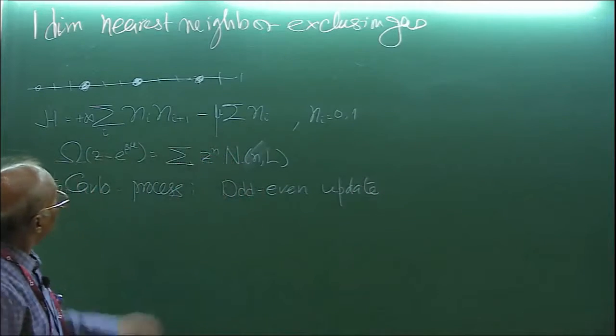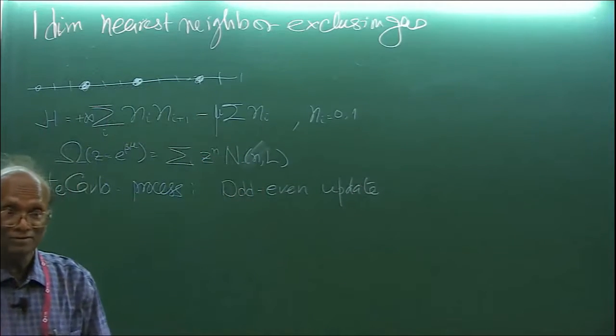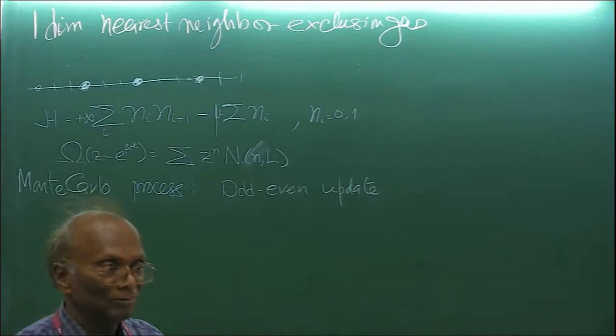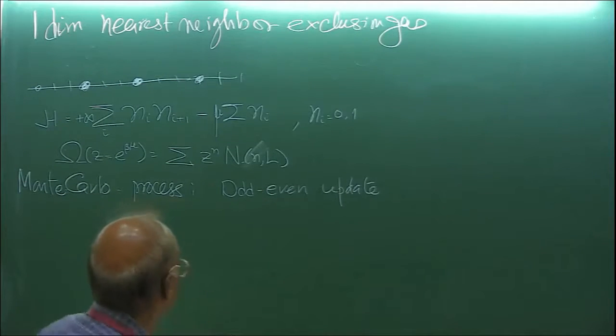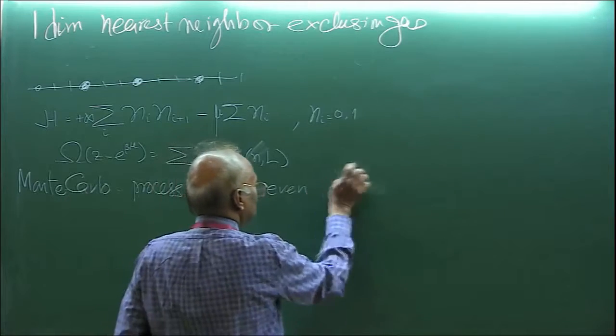So odd-even update says the lattice is broken up into odd and even sites. At one time, you update all the odd sites together in parallel. Odd-even parallel update.